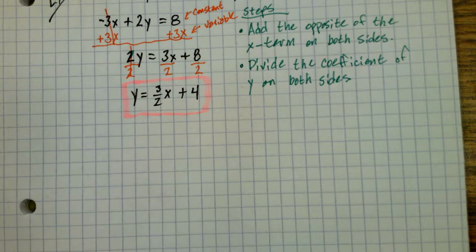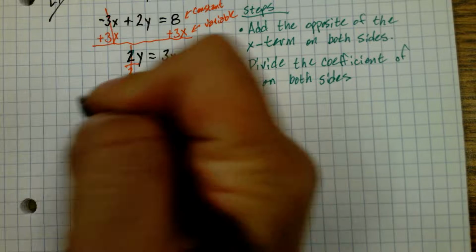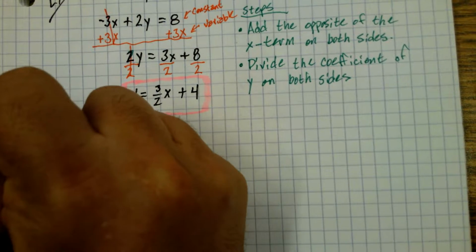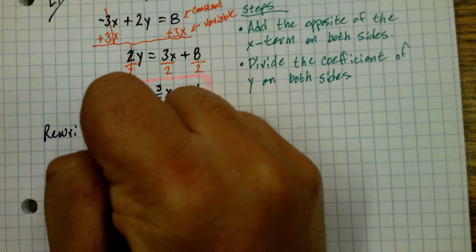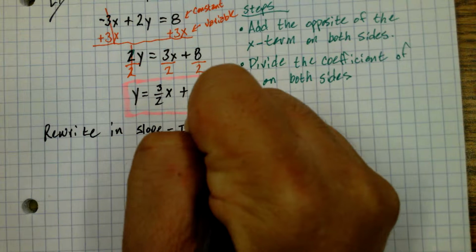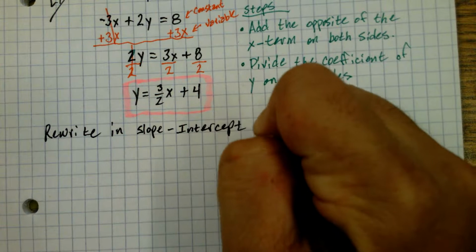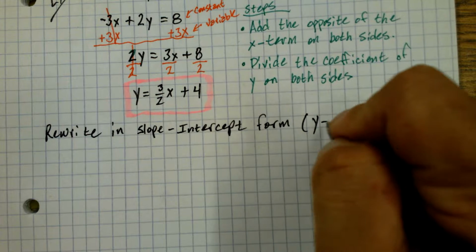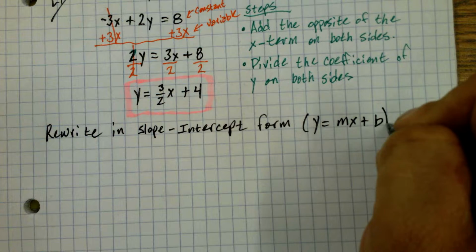And so let's go ahead and rewrite in slope-intercept form. So that's the directions. And slope-intercept form is y equals mx plus b.